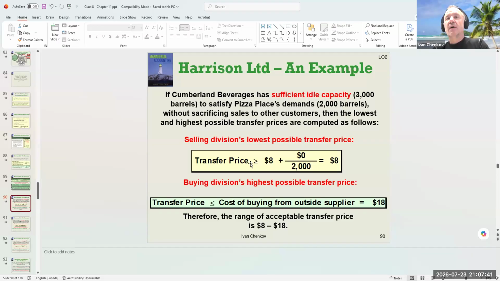So the lowest possible transfer price will be $8. The buying division is already paying $18 outside, so that will be the maximum price they'll be willing to pay per barrel of ginger beer. In this case, we have an acceptable range for the transfer price between $8 and $18. And if the two managers want to make the transfer pricing work, they can start negotiating.